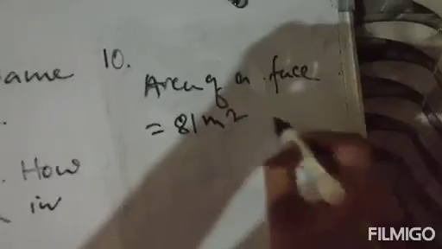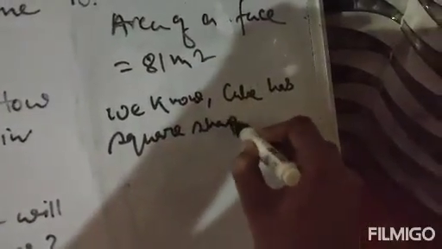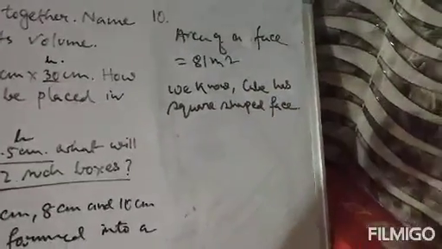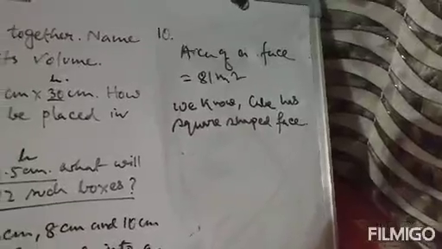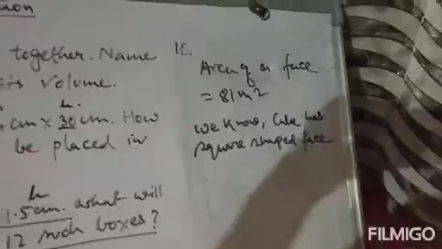Clear? So just write here, area of a face is given 81 meter square, and we know a cube has square shaped faces. A cube has 6 faces, and each face is square shaped. The area of a face is given as 81 meter square.